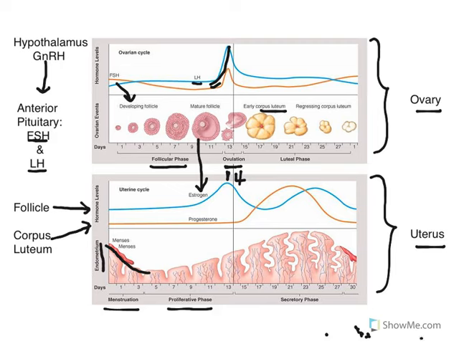The corpus luteum, under the influence of LH, will now continue to produce progesterone in a higher quantity. Progesterone will be post-ovulation, developing now the endometrium in what we call now the secretory phase. And it will continue to do its job until the end of the cycle.